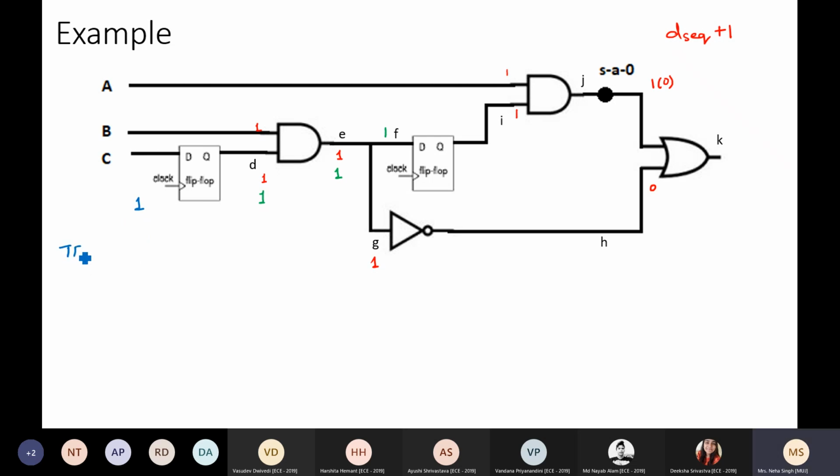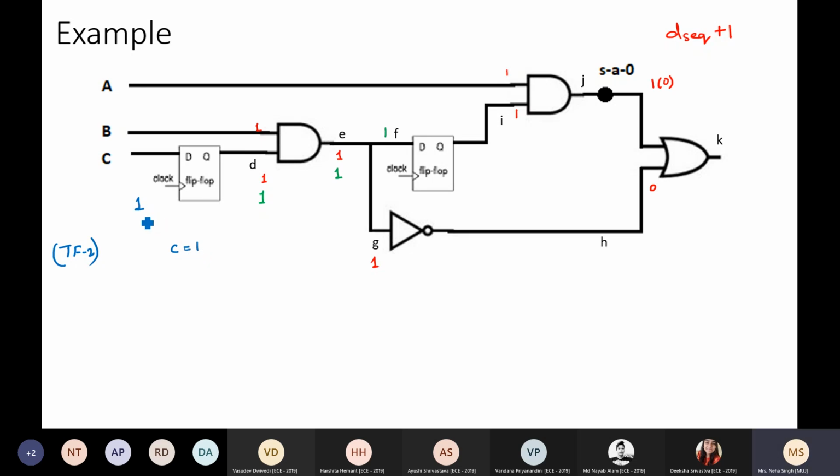I write TF-2 here. So at TF-2, what values should I give to the inputs? What should be the value of A, B and C? Check. A is don't care because right now I am working with this blue cycle. I need to have C equal to 1 ensured.